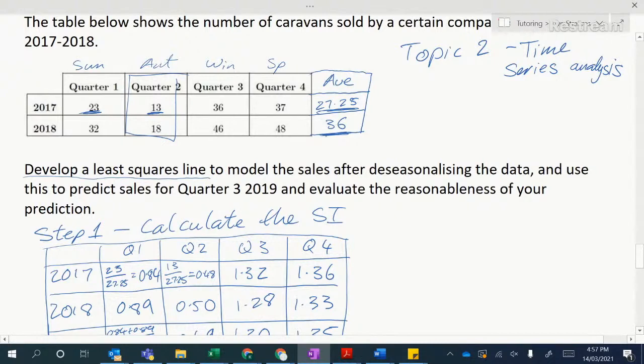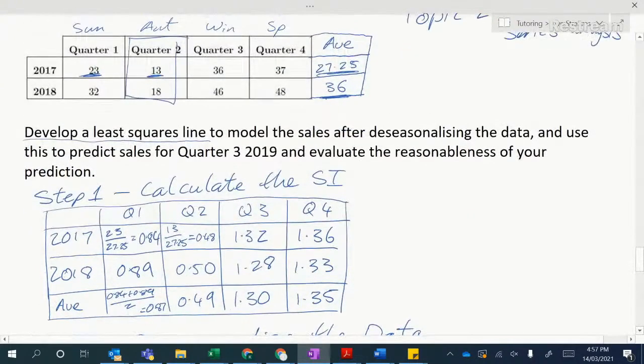You can see that quarter 2 is always the lowest amount of caravans sold, whereas the highest is always sort of quarter 3 and quarter 4, okay, with quarter 4 being even better than quarter 3. So you can always say there's a consistent pattern in there, okay?